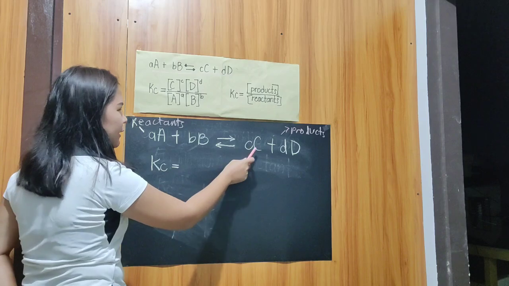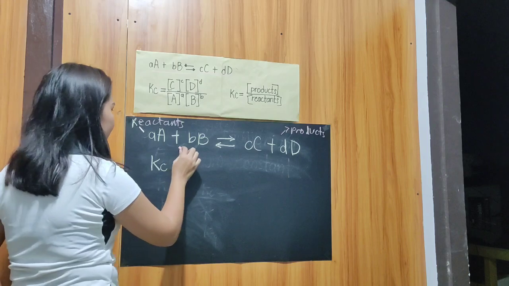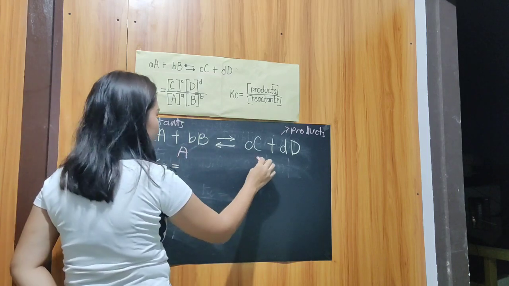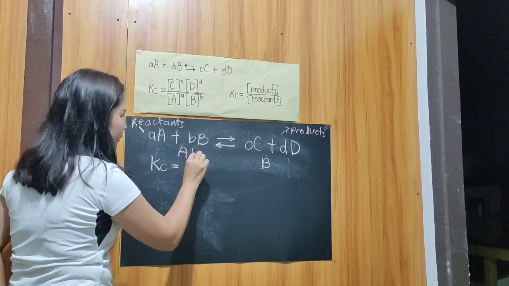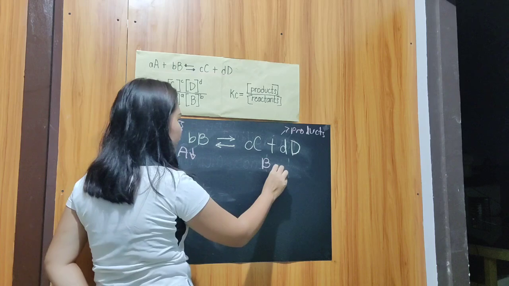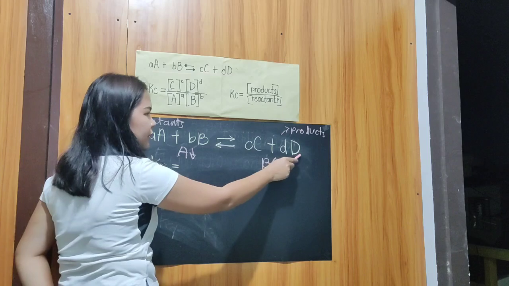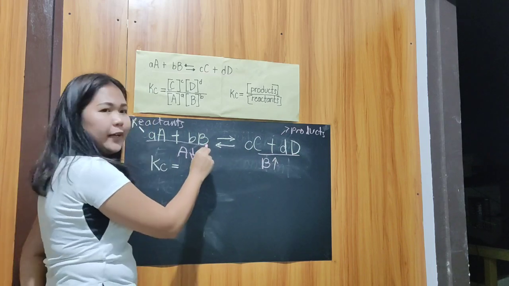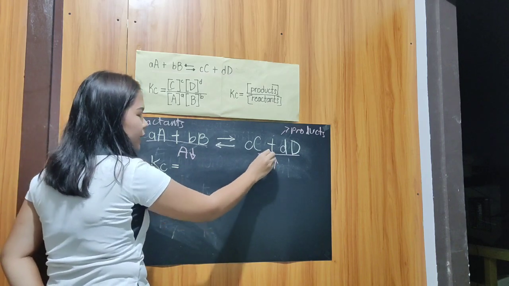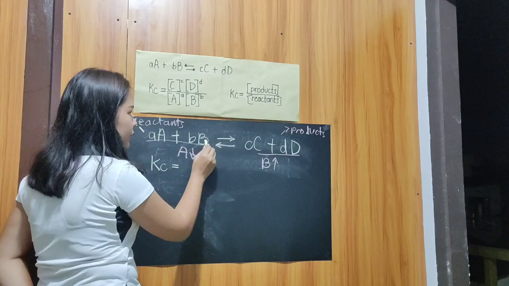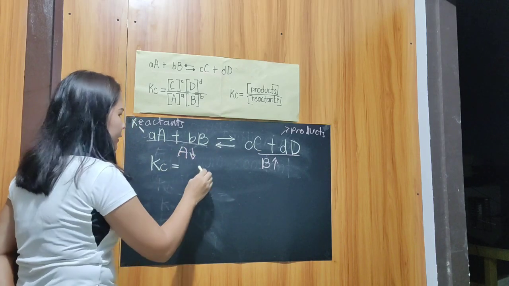So meaning, kani siya nga part. So kani siya is A. So this is B. A is going to go downward, and B is going to go upward. Always remember, this is the products and this is the reactants. Okay, so si B is going to A. So dito siya.